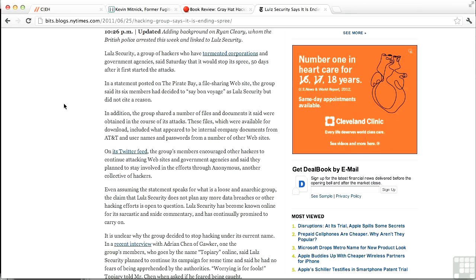An organization called Anonymous started hacking companies like Sony to protest their involvement in a lawsuit regarding a PS3 hacker. Lulz Security was supposedly protesting the treatment of Anonymous, or was hacking in support of this group Anonymous.